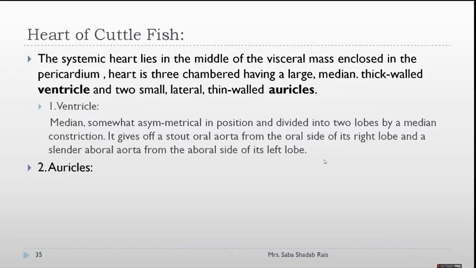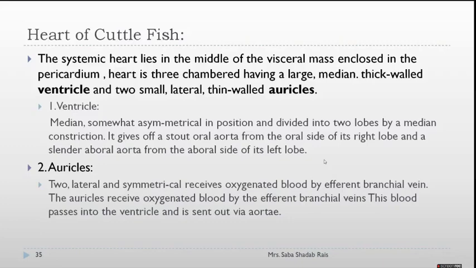Now let us discuss the next two compartments, which are the auricles. As I just discussed, the auricles are symmetrical and they are present in a pair. Now this auricle receives the oxygenated blood. Here also we are talking about the aorta. So overall the blood is oxygenated only. How are they receiving the oxygenated blood? They are receiving the oxygenated blood by the efferent branchial vein.